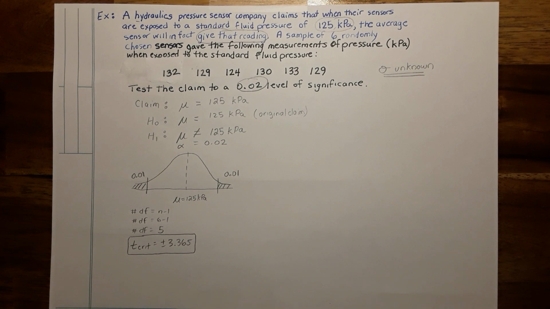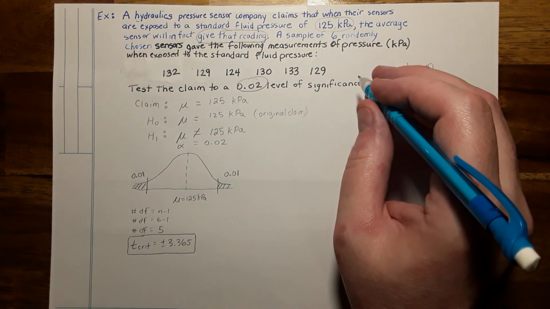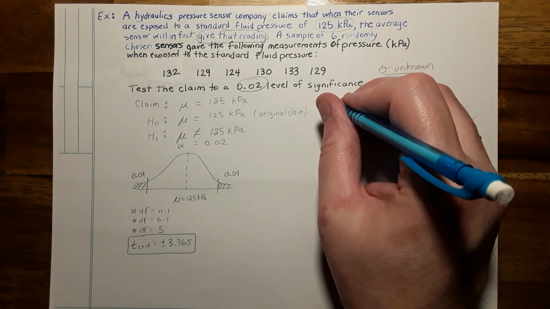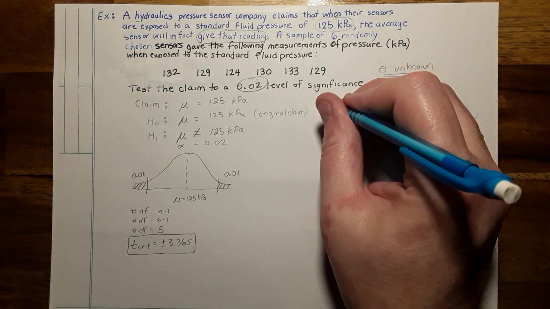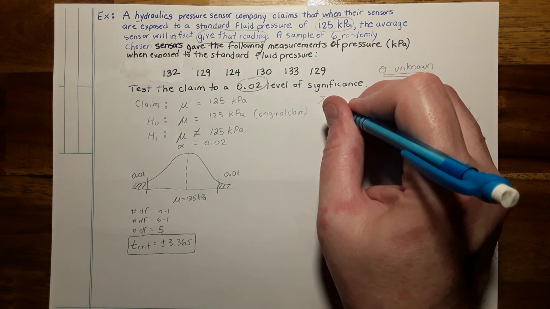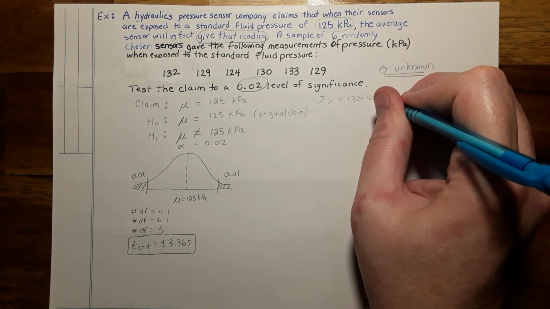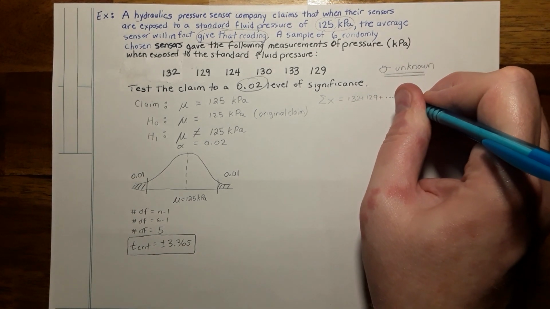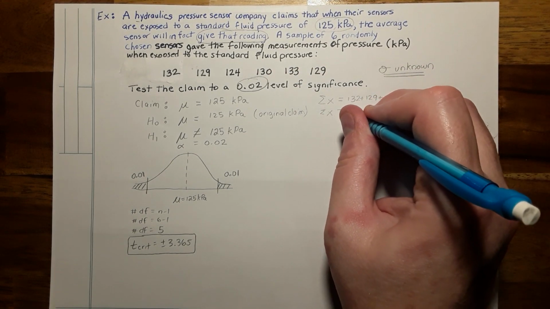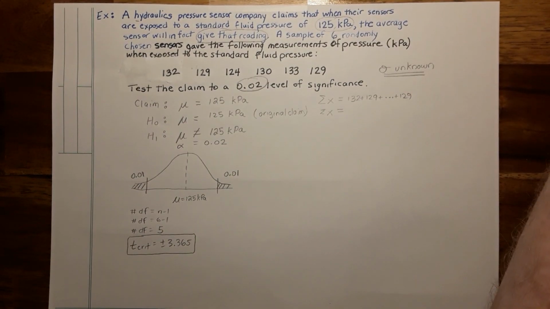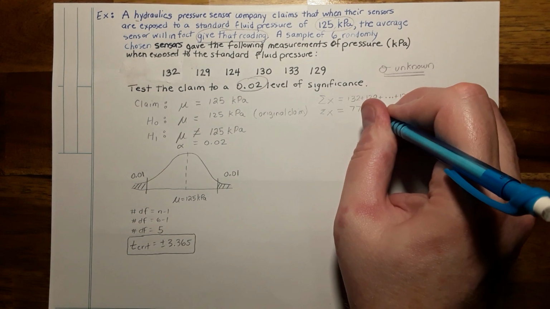To calculate the T-score for our sample, we need to know the sample standard deviation and the sample mean. The two numbers that are relevant for this calculation are the sum of the values, which is 132 plus 129 plus all the way along until we hit, again, 129. If you add up those 6 numbers, we end up with a value of 777.